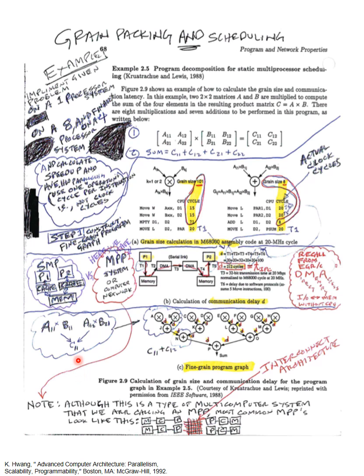And then down here, I have a notation that we're doing an MPP machine, a massively parallel processing, or a computer network. But note that although this is a type of multi-computer, multi-processor, multi-core system that we are calling an MPP, most common MPPs look more like this. So you would have more of a dynamic interconnect crossbar switch.